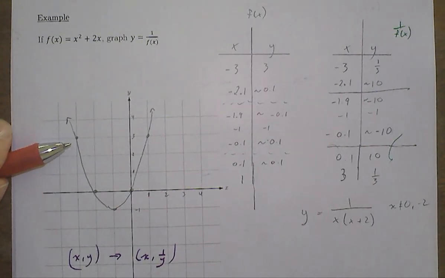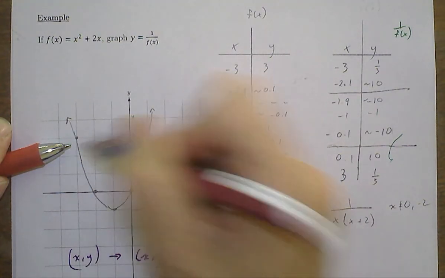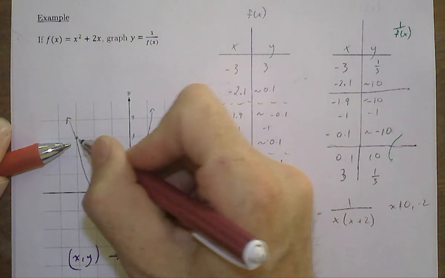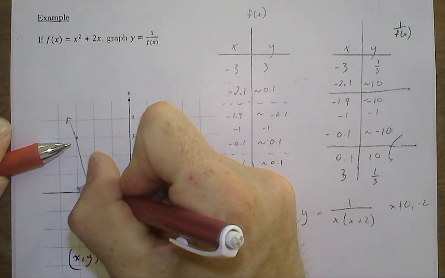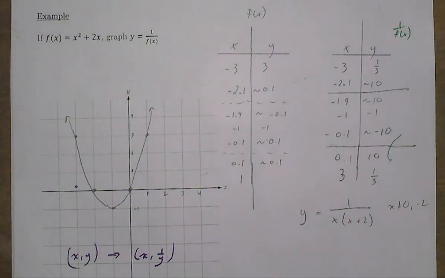I'm going to transform this point. How? Well, this point looks like it's (-3, 3). So the x value stays the same. The y value is 3. When I take the reciprocal of the y value, it turns into a third. There we have it.